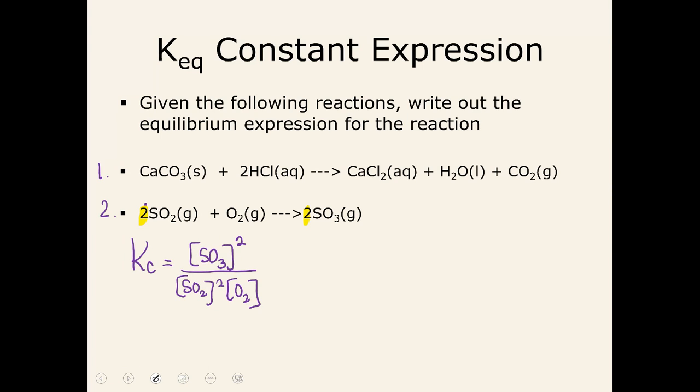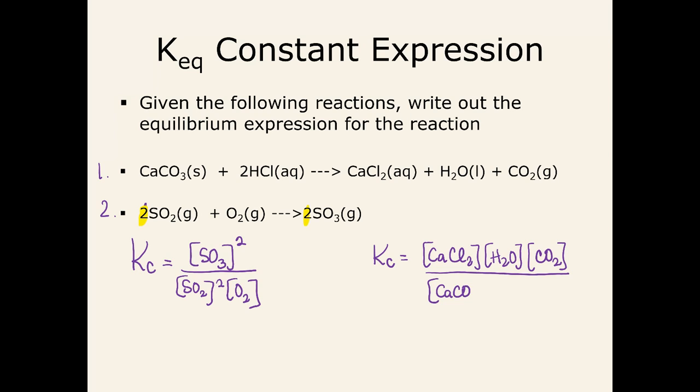Okay, let's look at the top one. Now, in theory, we would include everything that's written there. So product over reactant. Okay, so I put the 2 for the HCl moles.